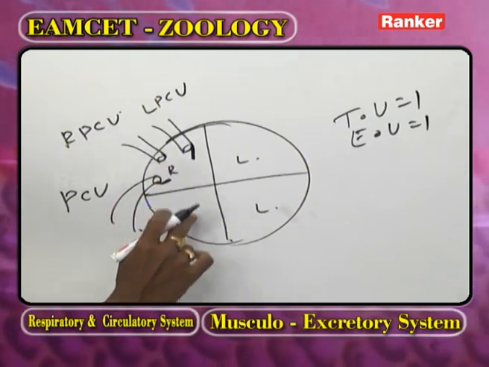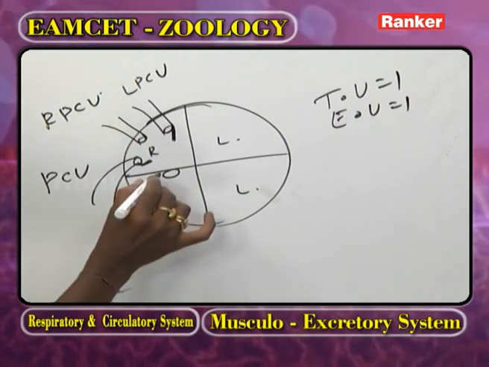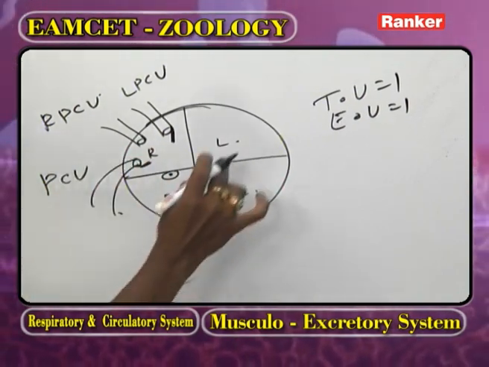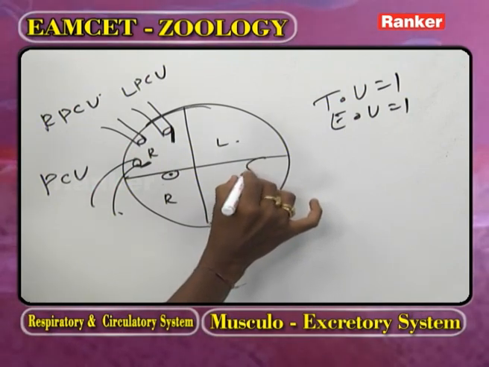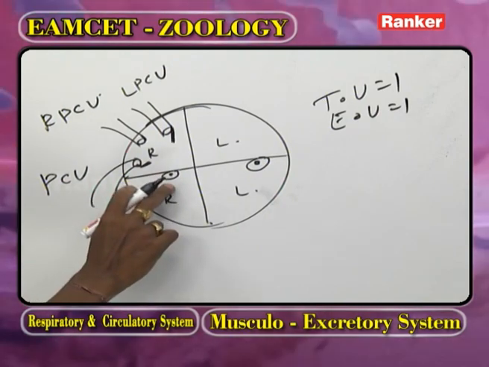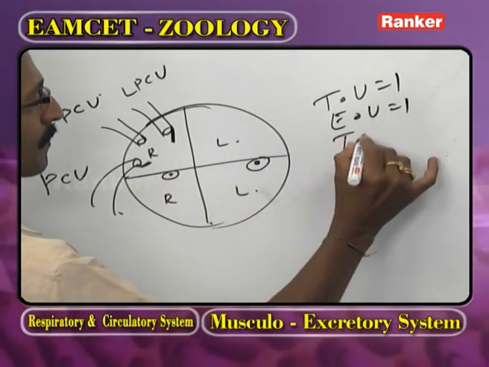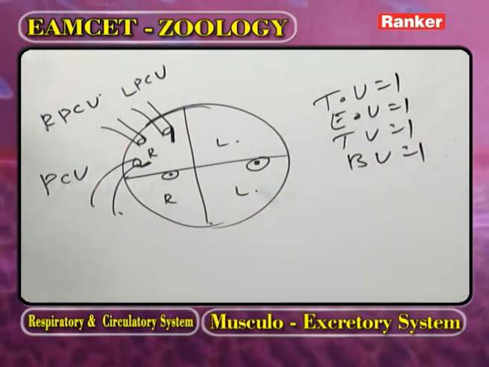The right atrium opens into the right ventricle through an aperture. Here one valve is present. The left atrium opens into the left ventricle through an aperture. It is guarded by one valve. It is the tricuspid valve, 1. This is the bicuspid valve, that is 1.